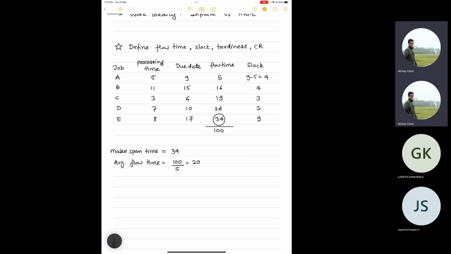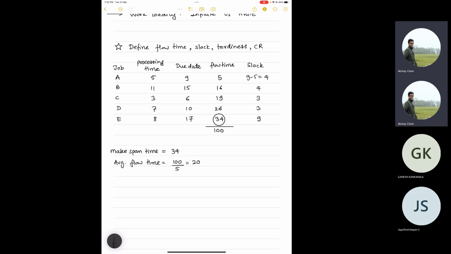If you are the person responsible for producing these 5 jobs, you'll realize that job E, the 5th job, has the highest slack. It has 9 days of slack. Let's say you don't start it on day one.